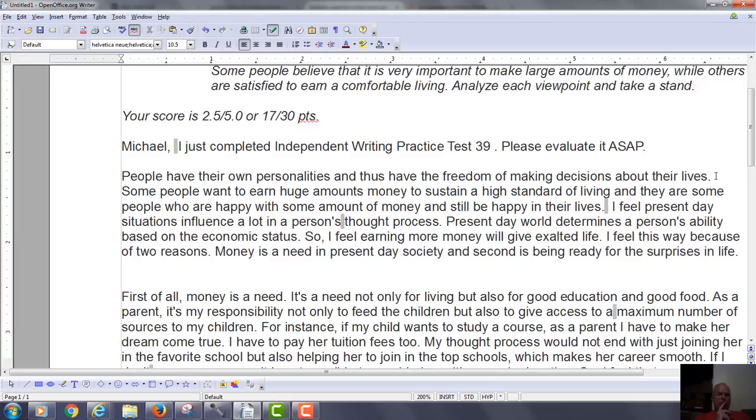So some people want to earn huge amounts of money to sustain a high standard of living.